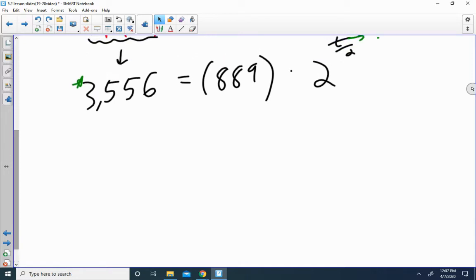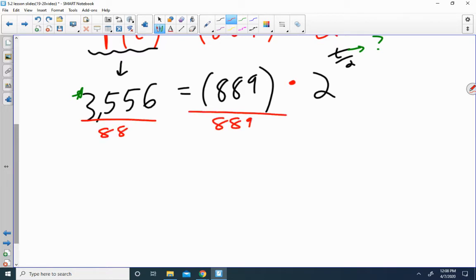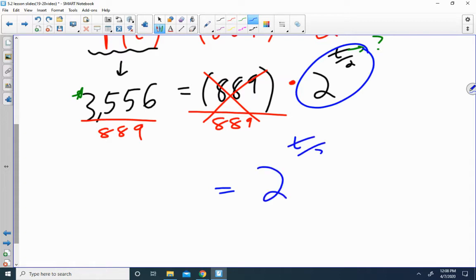So this one, very similar. First thing we'll do to solve for t, let's go ahead and take care of the 889. Since it's being multiplied, the opposite operation would be to divide it to both sides. So then this side, that's gone. On the right, you'll still have 2 to the power of t over 2. Now let's do 3,556 divided by 889.